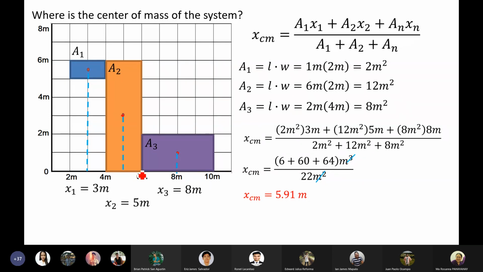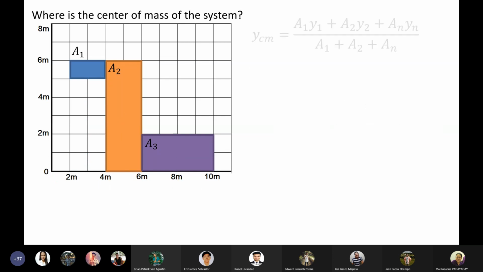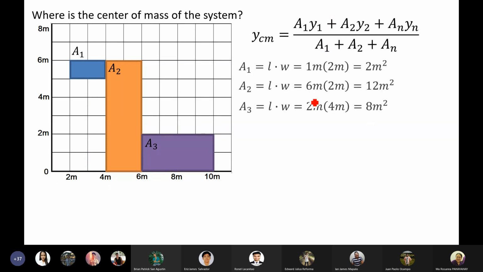Pero hindi pa tayo tapos. Hahanapin naman natin ang center of mass of these areas along Y. So in that case, we will use this formula. Since we have the same area, I will just copy it from our previous discussion. Again, nandito yung center of mass ni A1. Ano ang kanyang position ng center of mass along Y? 5.5.